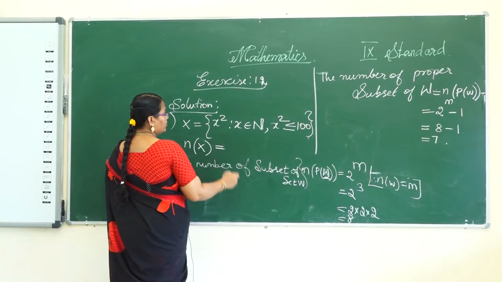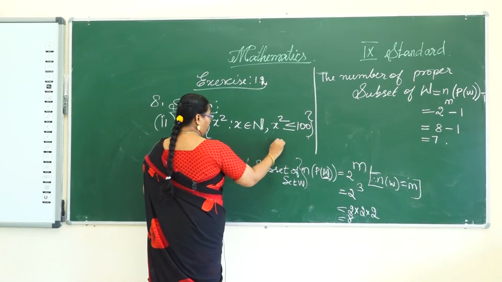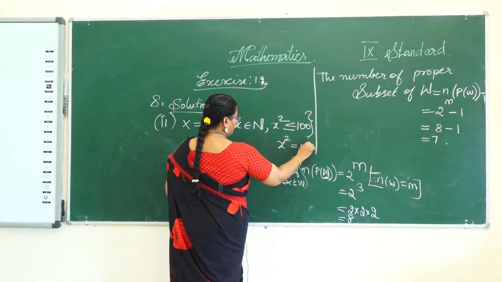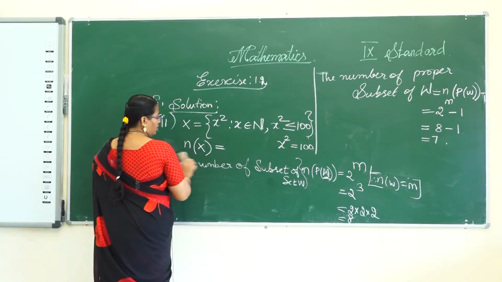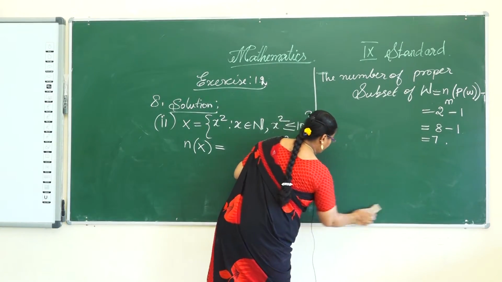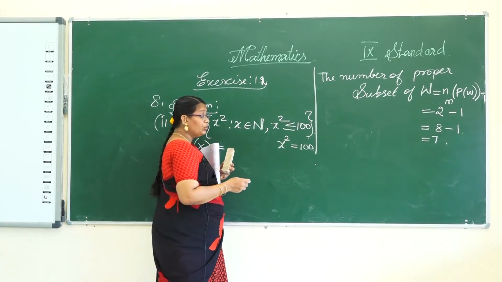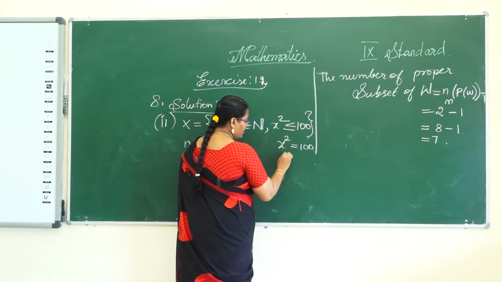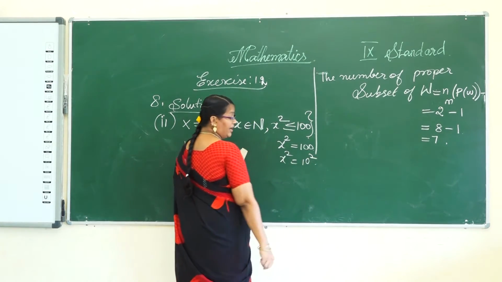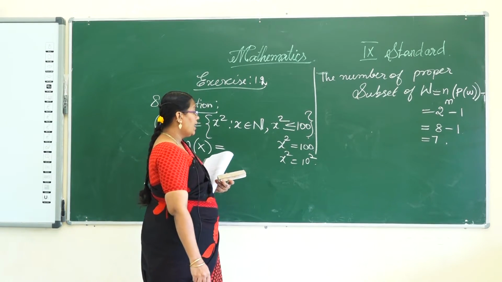is equal to, first find out the value of x. So x squared is equal to 100. 100, how can you write it in powers of 2? 10 power 2. So 10 into 10, 100. 10 multiplied by 10, 10 tens are 100.